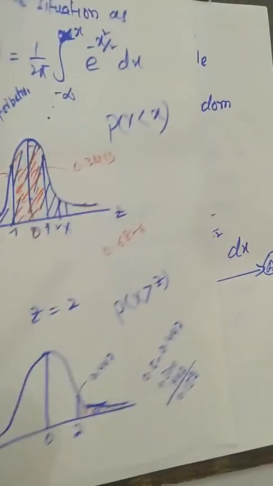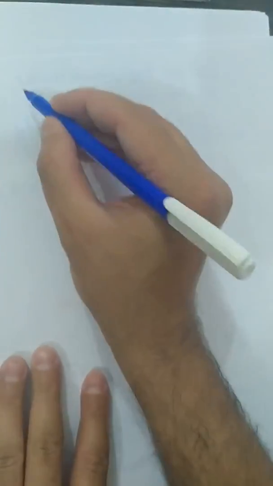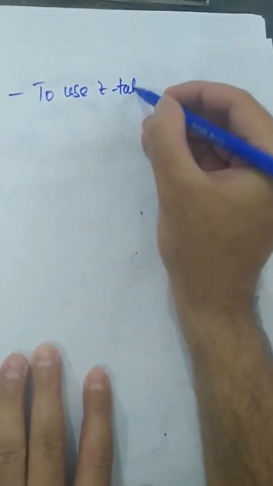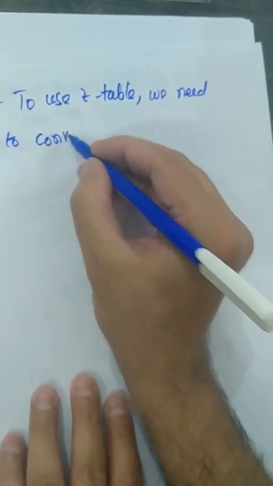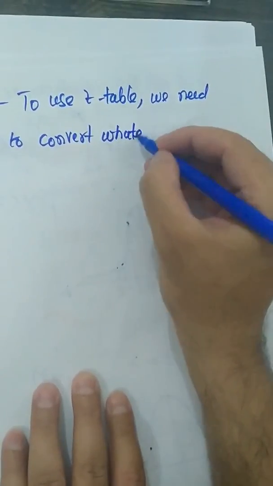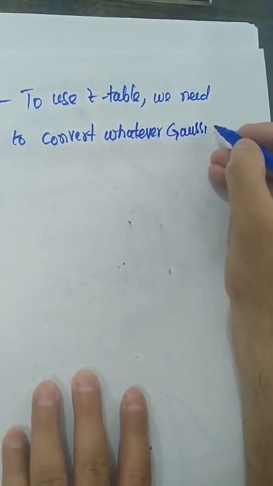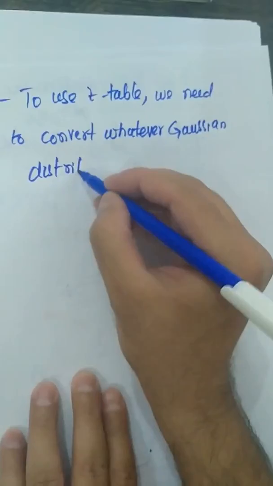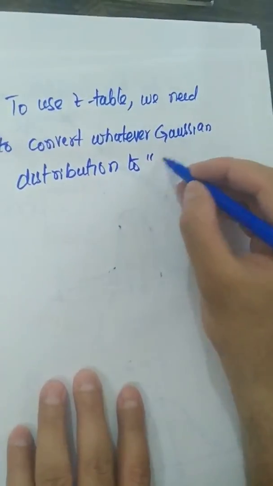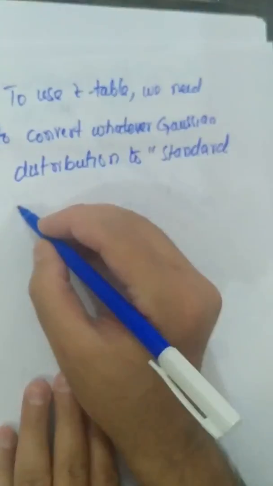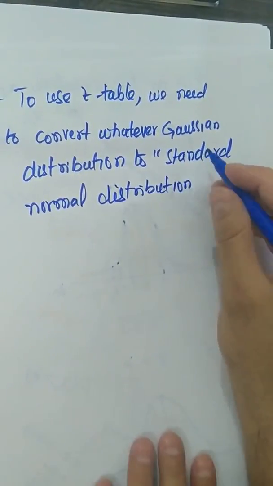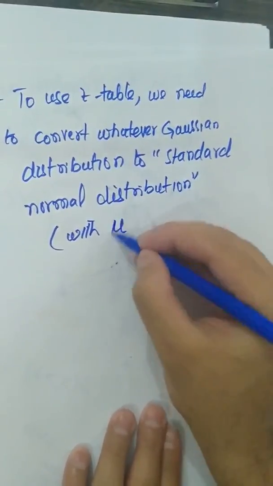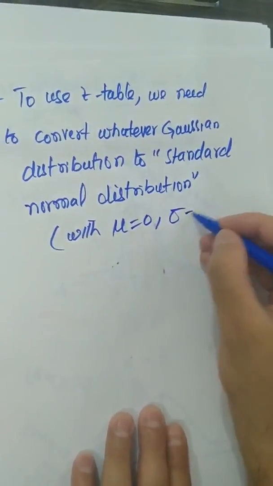To use this z table, we first have to convert whatever Gaussian distribution to a standard normal distribution, with mu equal to 0 and standard deviation equal to 1.